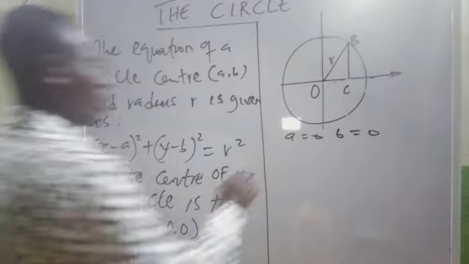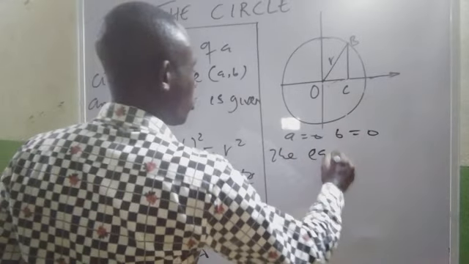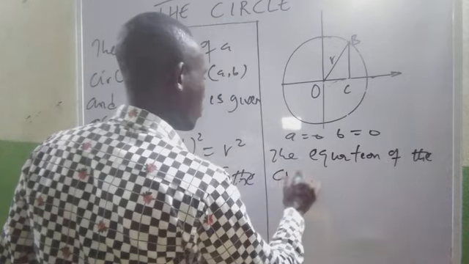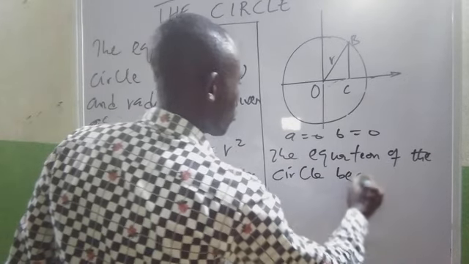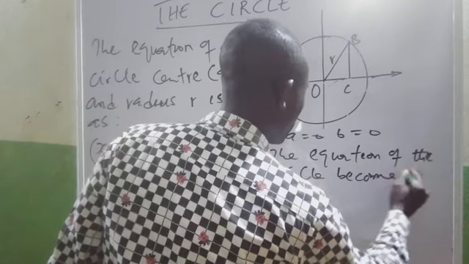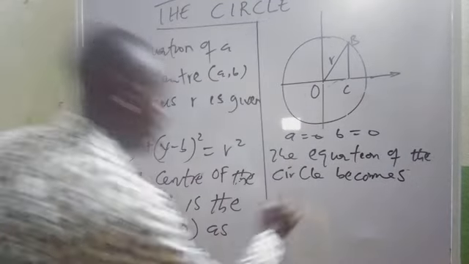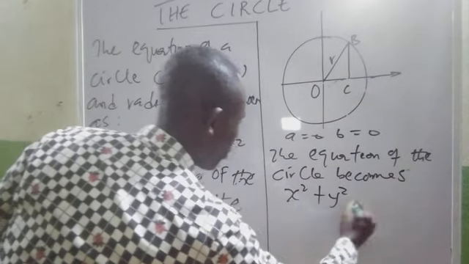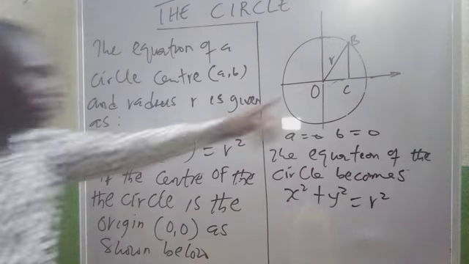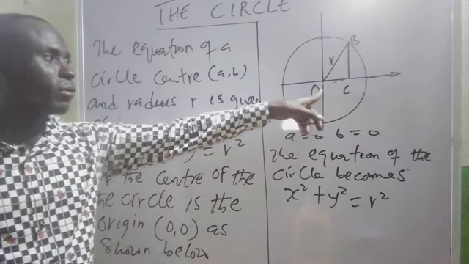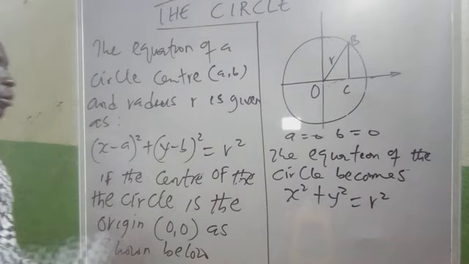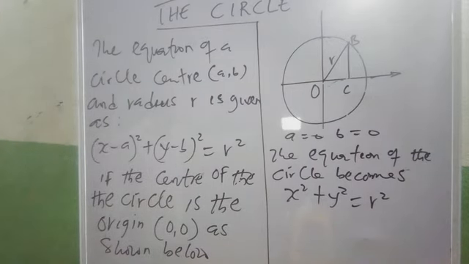So the equation of the circle becomes x squared plus y squared equals r squared. That is, if the center of the circle is at the origin. By origin we mean the point (0, 0).